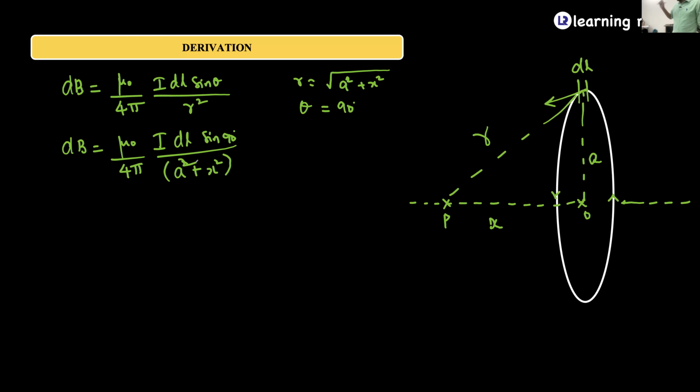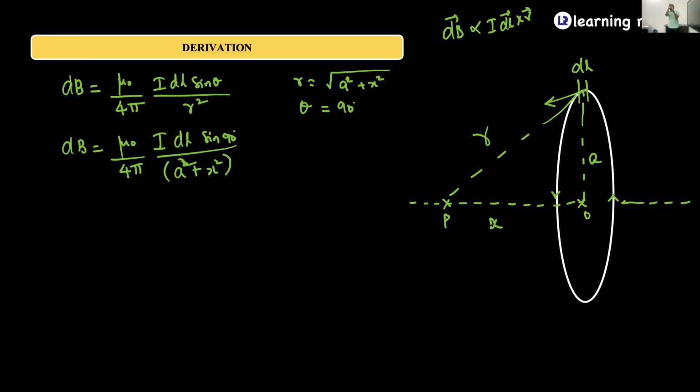Now, one point I want you all to concentrate this time. Listen. The point to be noted is dB vector's direction is directly proportional to I dL vector cross R vector.